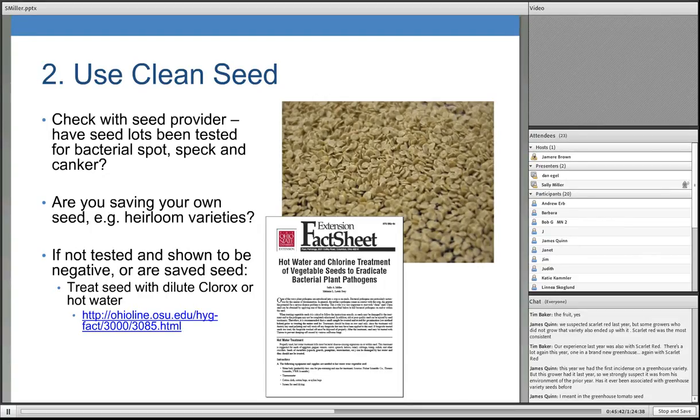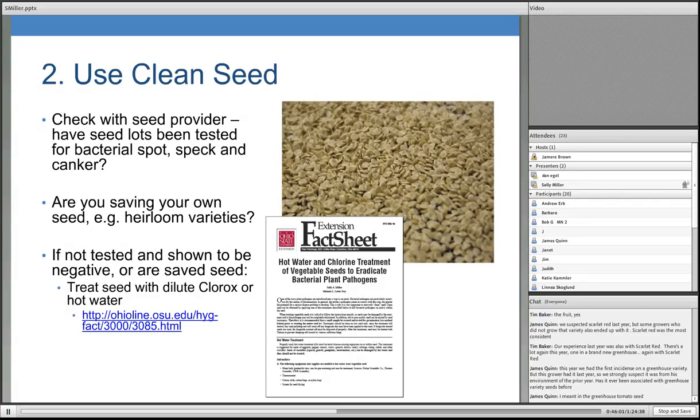If you're saving your own seed, for example, you have heirloom varieties, I really recommend that those be treated, especially if you've had any kind of disease problems, but it's not that difficult to do. And we have growers who are routinely treating their heirloom varieties.